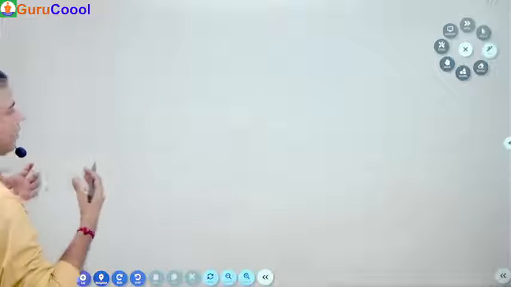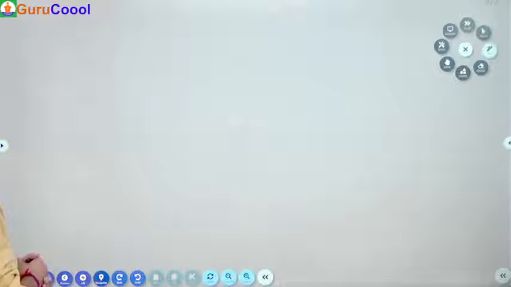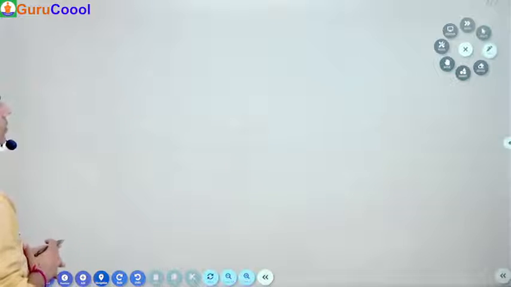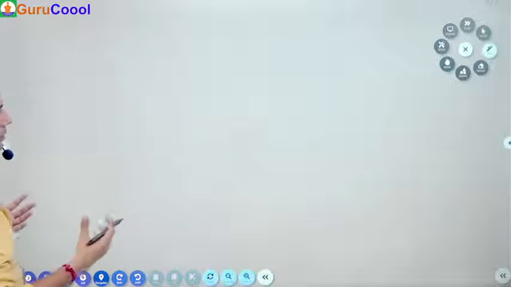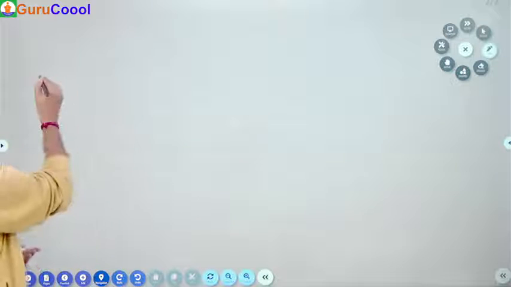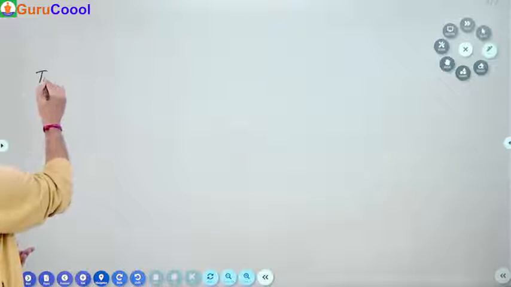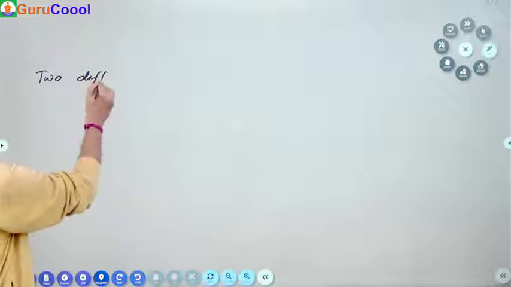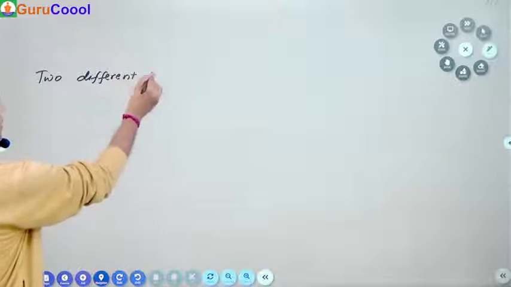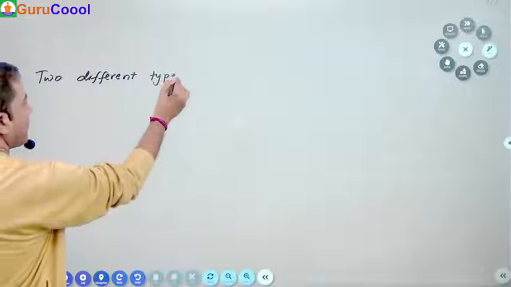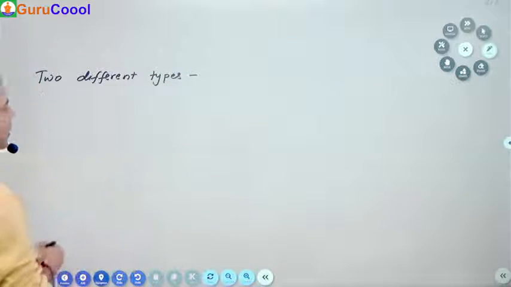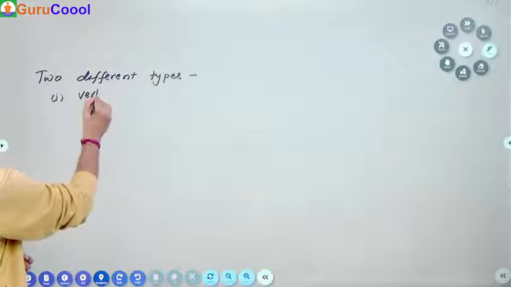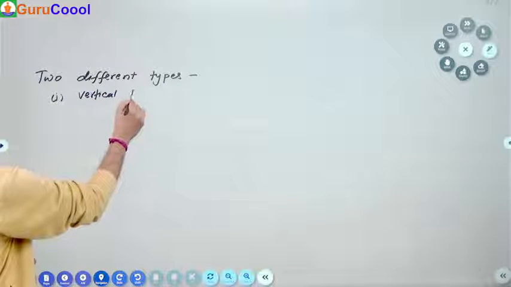Before I take an example, I would like to explain some rules. First of all, we have to consider two different types of parabola. Let us call the first type to be the vertical parabola.